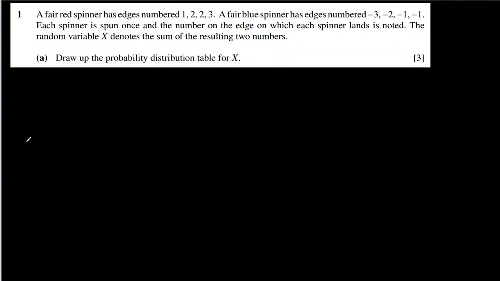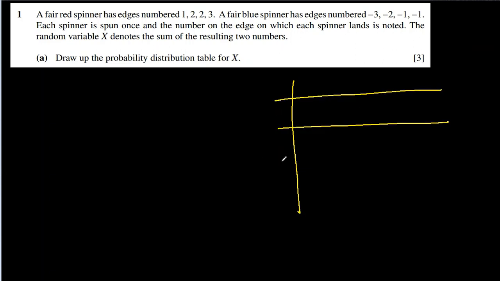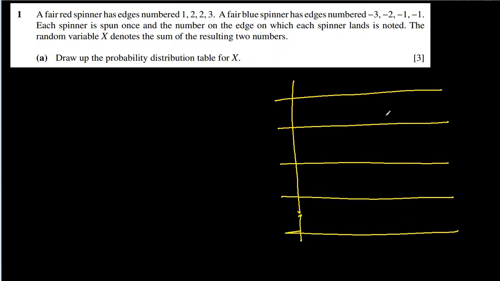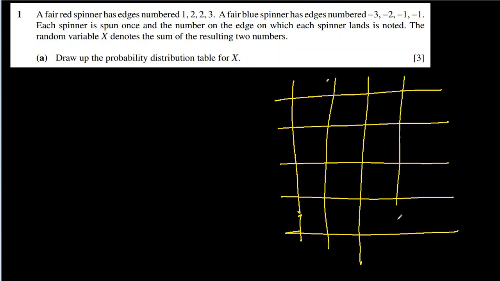Okay, now they're asking us to draw a probability distribution table for X. Before we do that, let me draw a table with outcomes and their combinations. So there will be 4 rows down here and 4 columns, 1, 2, 3, and 4. First we'll talk about the red spinner.